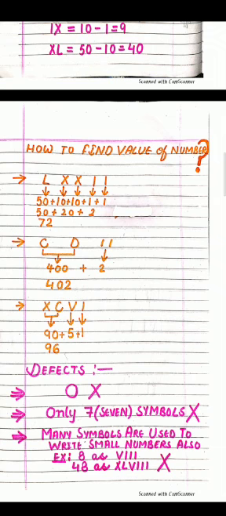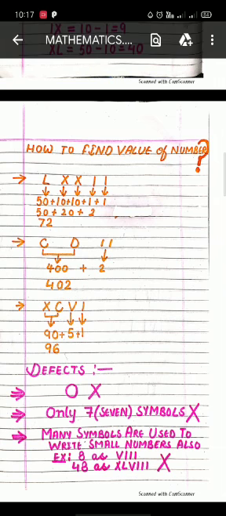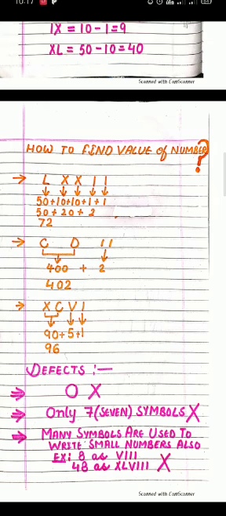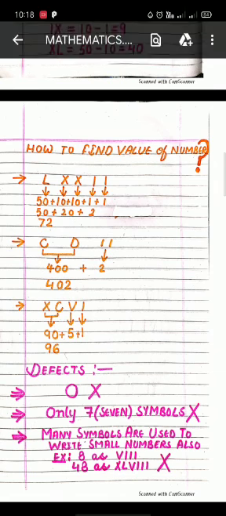Here the number is given: L, X, X, I, I. L means 50, X means 10, 10, and I means 1, 1, as we have read earlier. 50 plus 20 plus 2. So 50 plus 20 is 70, plus 2 is 72.